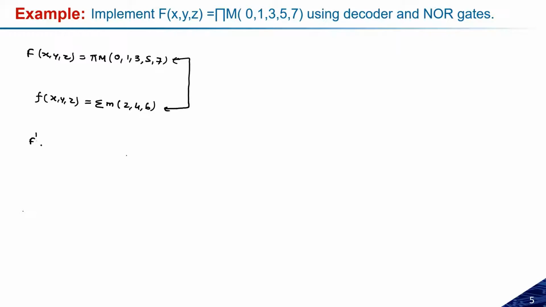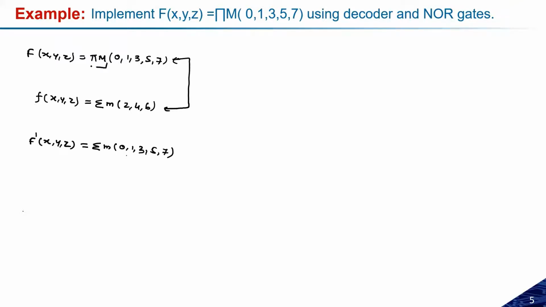That will be F dash, capital M considering the capital F, which indicates the POS form, of x, y, z. Then we can say that the complement of this function is nothing but the summation of m of 0, 1, 3, 5, and 7. So this is the complement of this one.